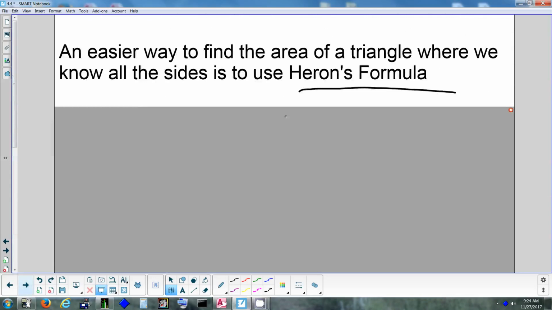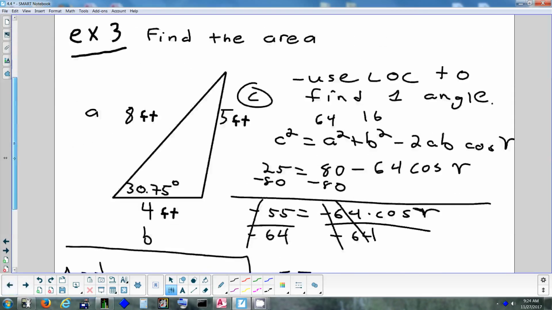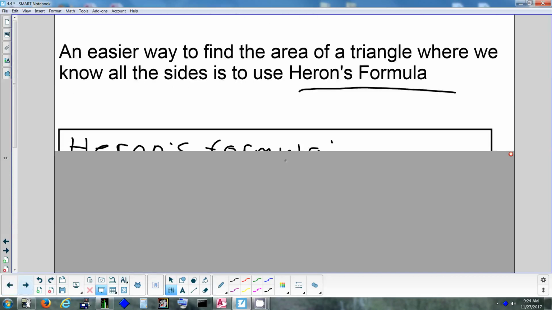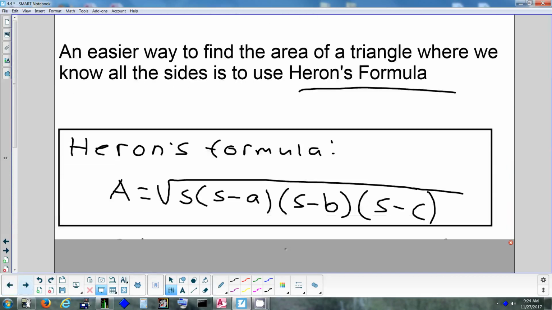If you don't want to have to remember another formula for the test, then don't worry about writing it down. You don't need this. Do it just like this. But if you want an easier way to do it, even though it's an extra formula to remember, here's an easier formula. Okay, and if you look at that at first, you might be like, well, wait, where's the law of cosines?